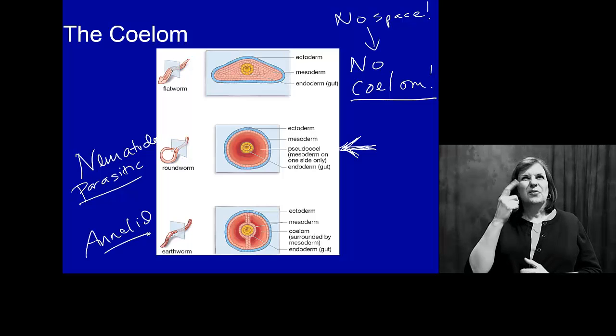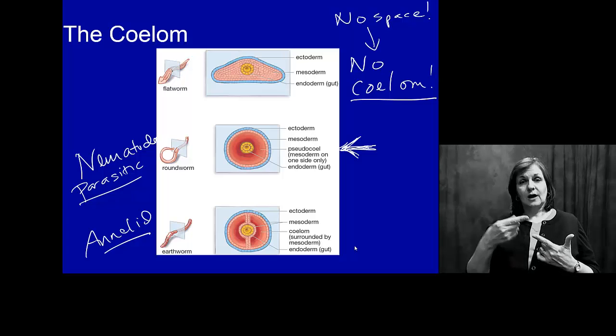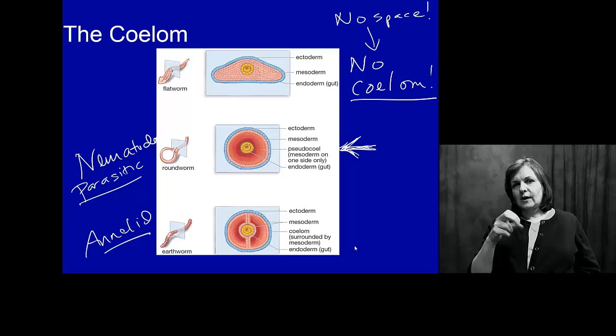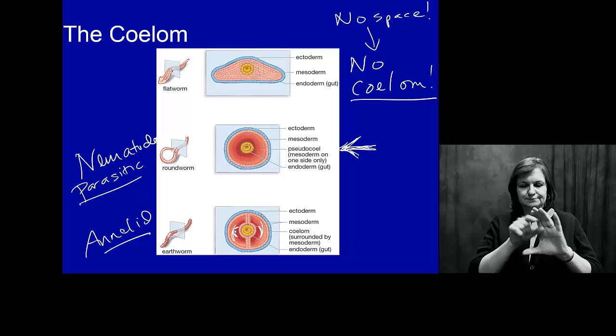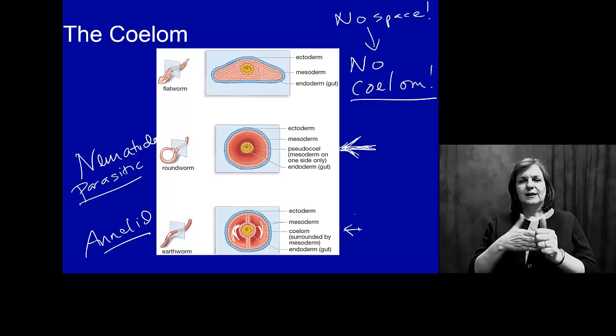And you may not think about an earthworm as being very complex, but it has a heart and a gut and all of these support organs associated with it filling this cavity or coelom, this inner space that allows higher level development.